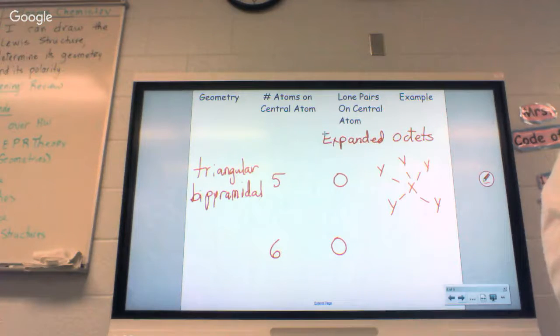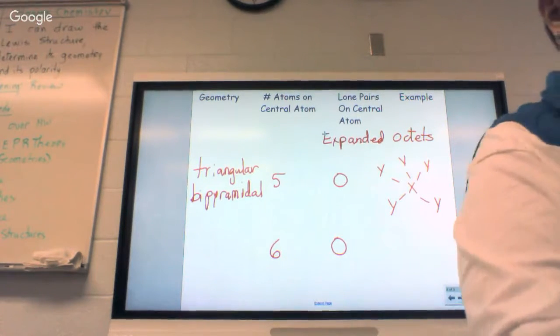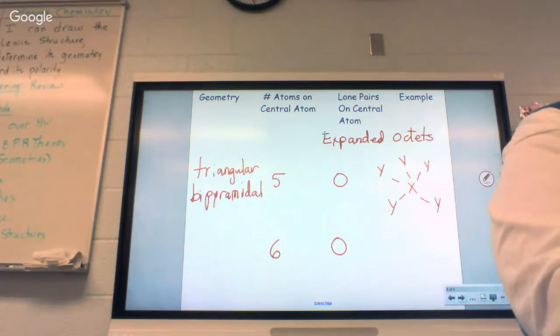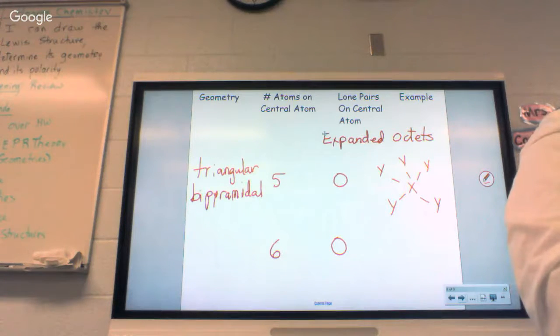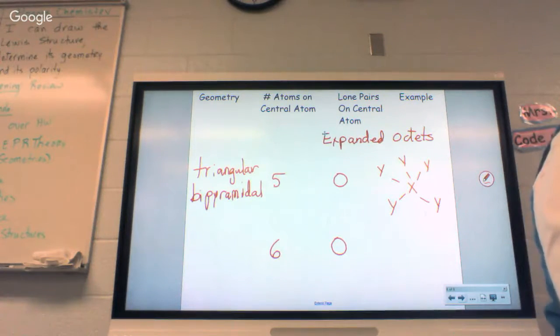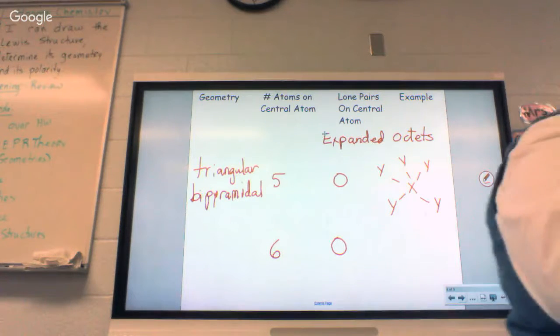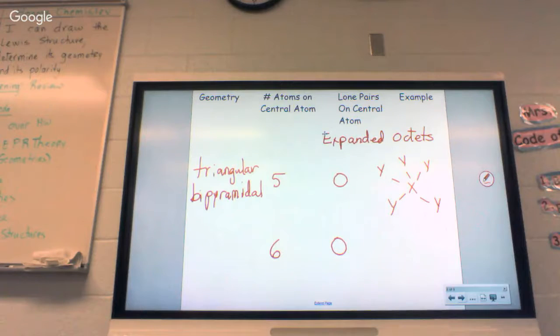I'm not going to worry about the colors because it doesn't matter. And that's why I brought it. Now, why is it called octahedral if it only has 6 full sticks sticking off of it? If I had a piece of paper, it would go through here and here.